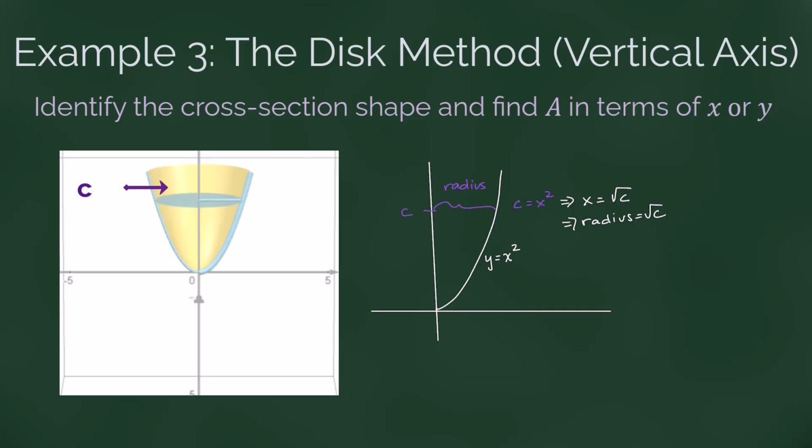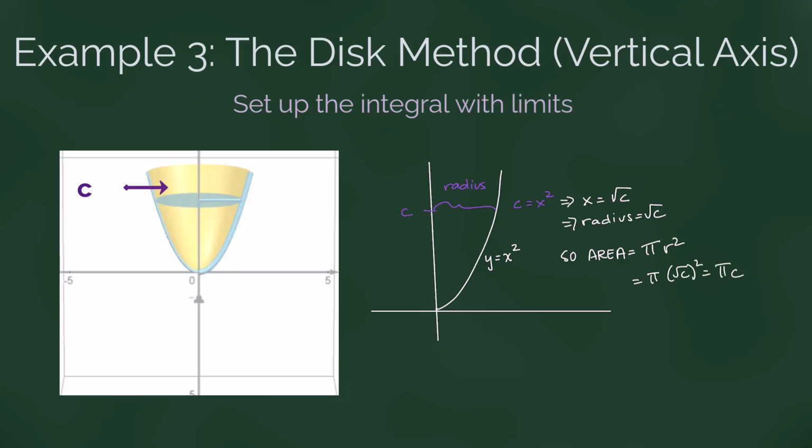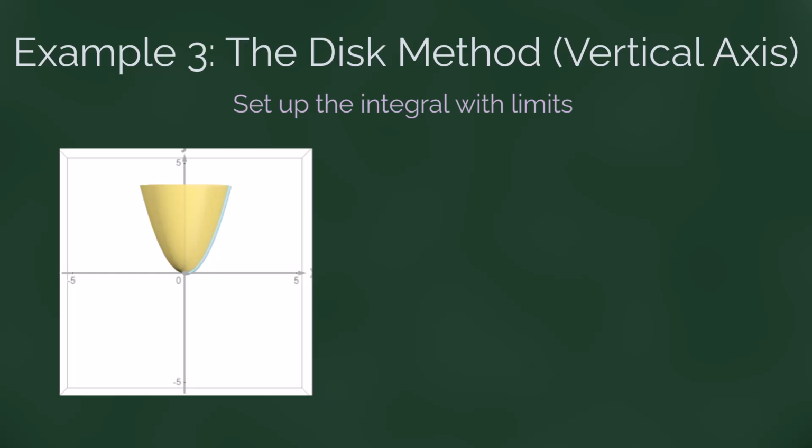Since our cross-section is a disk, we can then conclude that the area of the cross-section is going to be given by pi times the radius squared, which is pi times the square root of c squared, which is pi times c. Now that we know our area at a particular cross-section, we know that the area in general is going to be pi times the square root of y squared, which is pi times y.